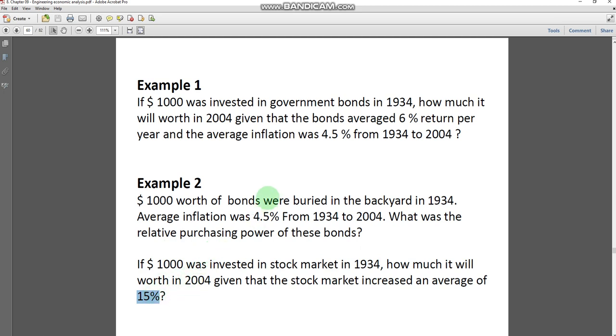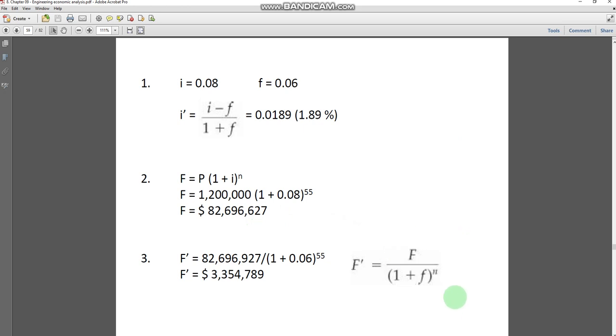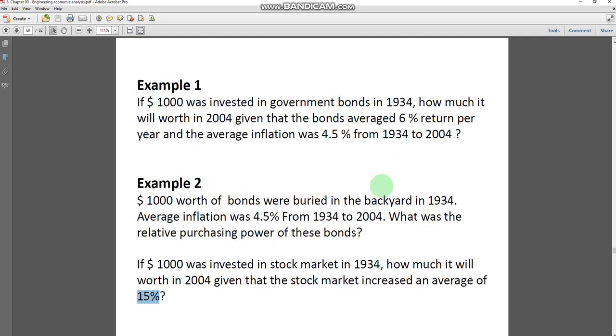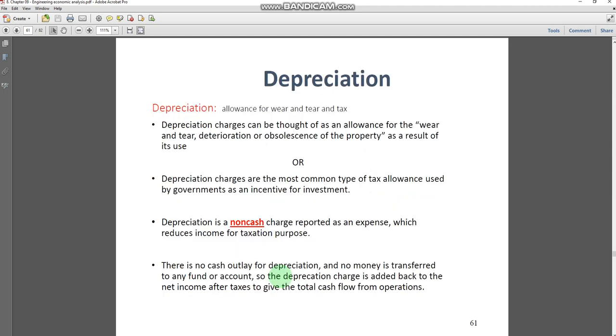Okay, so these are simple examples that use the simple formula for estimating the future purchasing power when you include the inflation, and if you do not include the inflation, then the simple compound interest equation would be used, okay. So you can solve these two questions by yourself, okay. And next time we will, inshallah, start with depreciation.